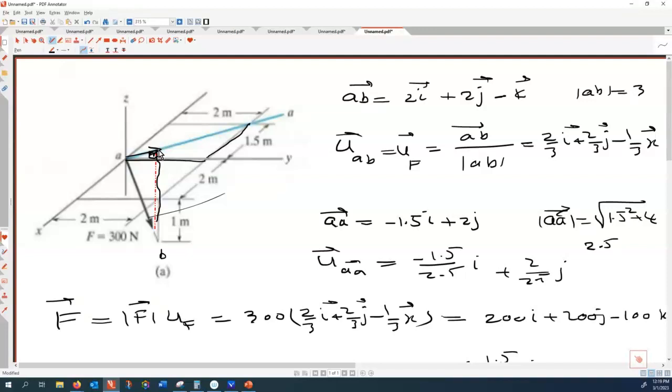Using the formula, you have to find the force as ijk, and find the unit vector as ijk, and then the unit vector of AA dot product with that of the force gives you the component which is parallel to AA.